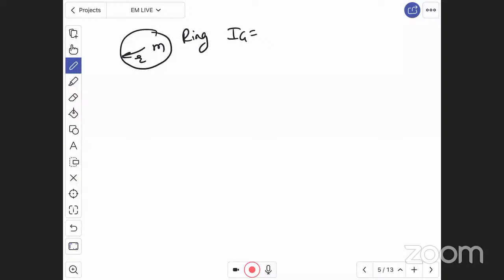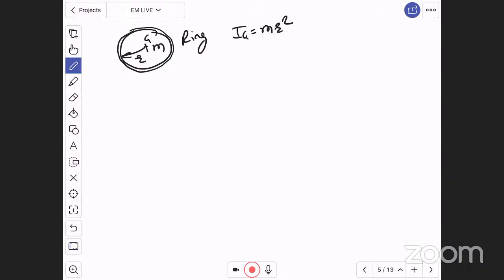I about G for a ring is m r square. Sorry, it is a ring, so it is m r square only. Ring means the mass is concentrated at the extreme end, right?